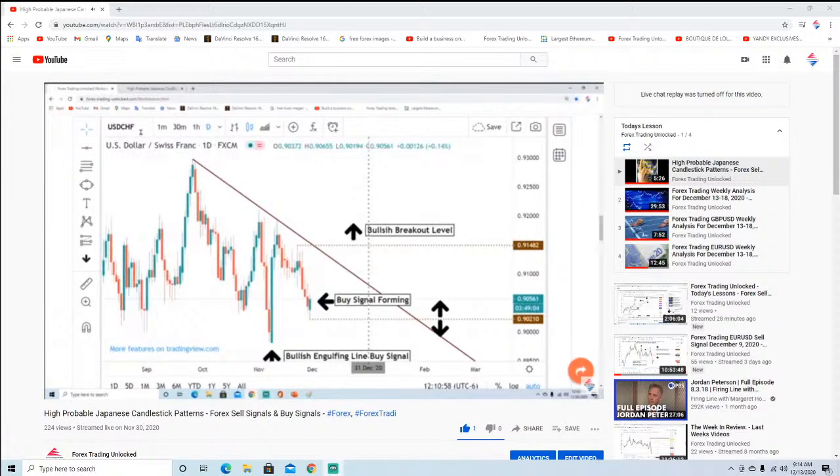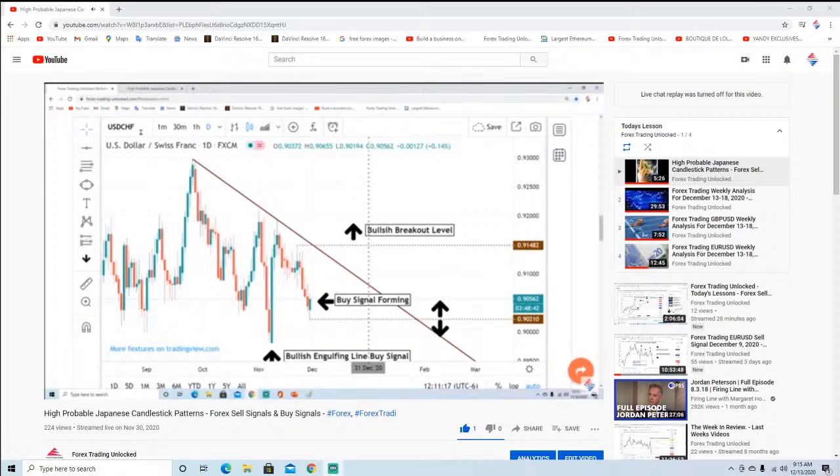One of the nice things about knowing these signals, especially on a day like today, is that the US dollar Swiss and the US dollar Japanese yen are forming signals at the same time. They're not always the same signal; in one market you might have a bullish engulfing line and in another a piercing line.